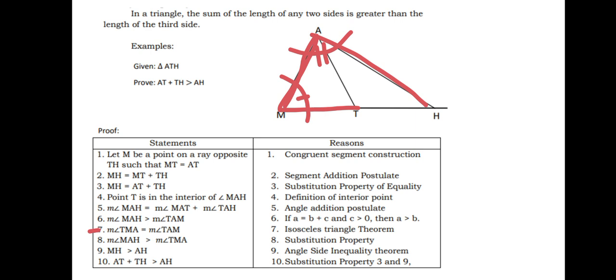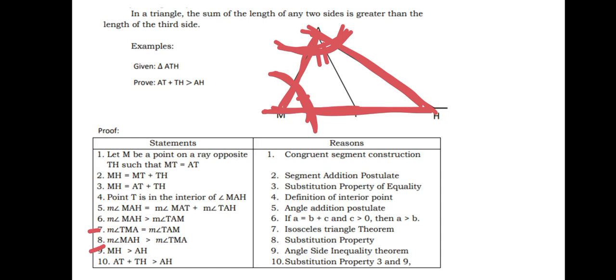Therefore, since the opposite of MAH, which is MH, is longer or greater than AH. The opposite of this angle, MH, is greater than the opposite of this angle, AH. So that's for number 9.